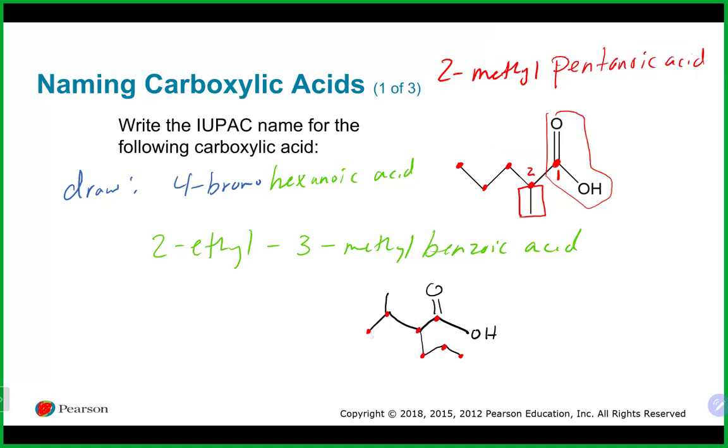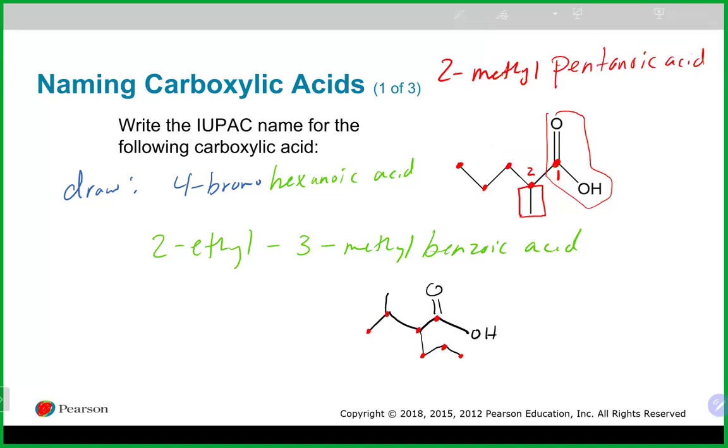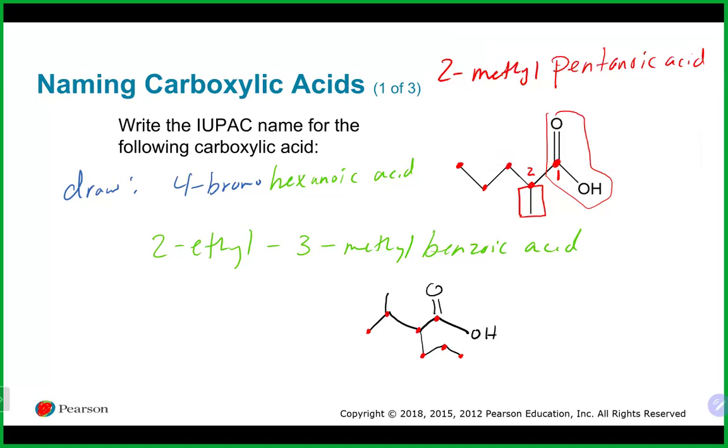I can't erase that because that's going to take out the whole molecule. That is 1, 2, 3, 4, 5, so that is also going to be pentanoic acid. Kind of happens when you just draw lines, I suppose.